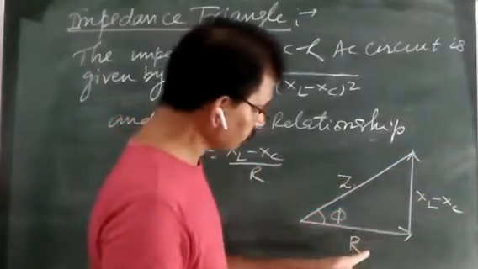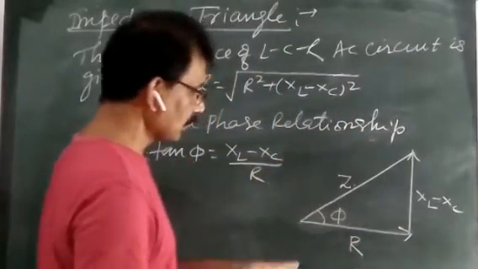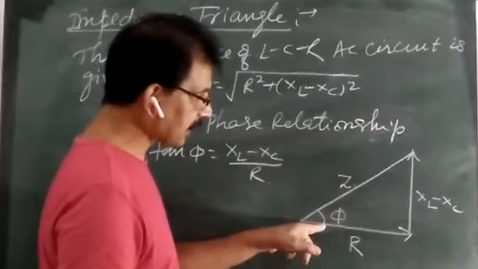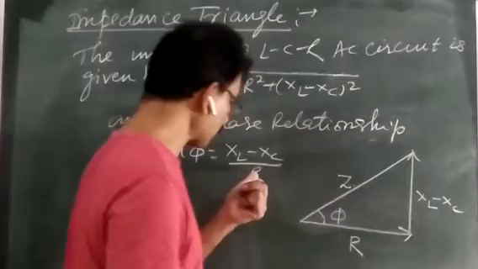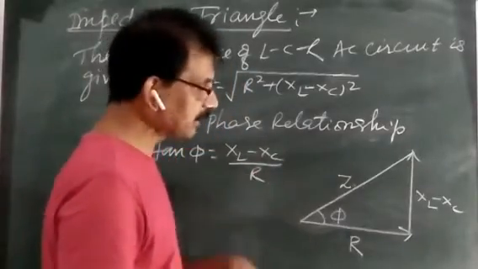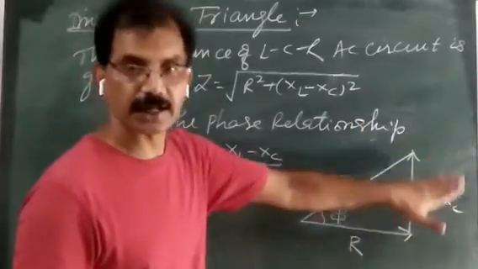Z is equal to root R square plus (XL minus XC) whole square, and tan phi for this LCR circuit, perpendicular upon base, means (XL minus XC) upon R। This triangle is called impedance triangle.